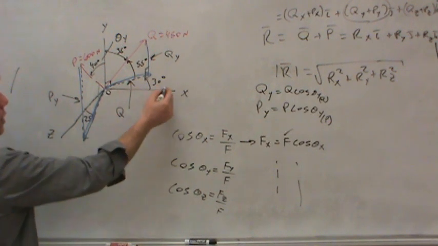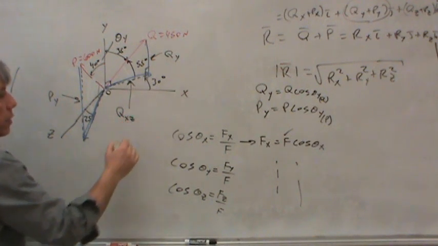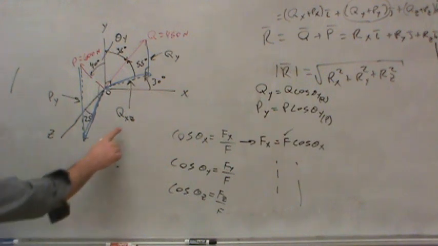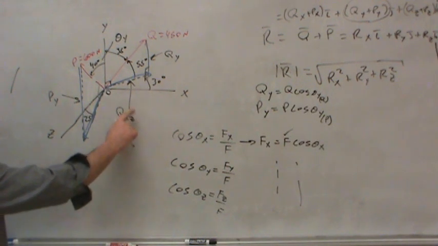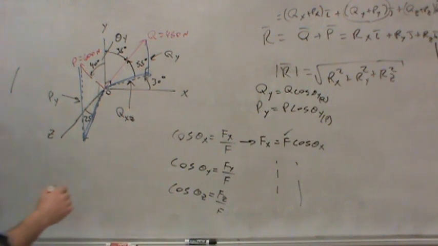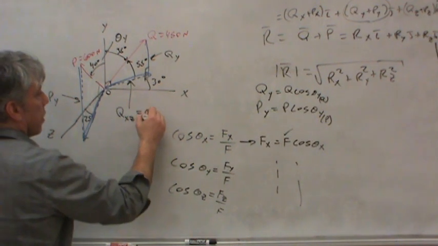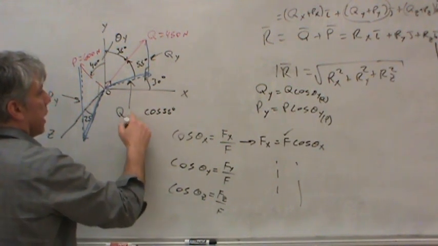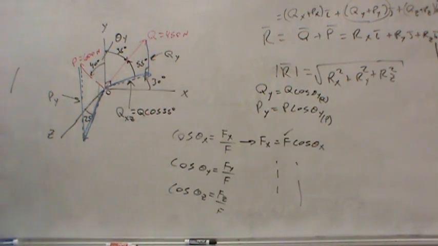So let's call this QXZ. Your book uses QH, for example, instead in the horizontal plane. I would rather use QXZ. In other words, the length of the vector that's in the XZ plane. That would be equal to, just like you said, the cosine of 55 degrees multiplied by the magnitude of Q itself.